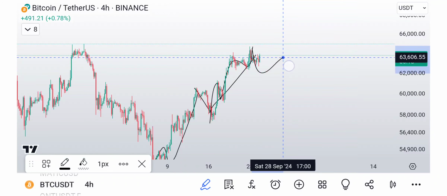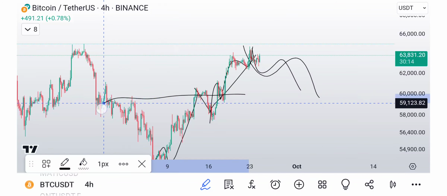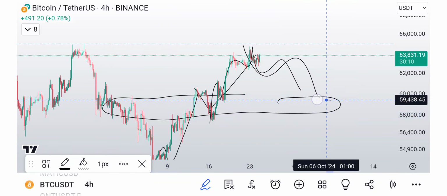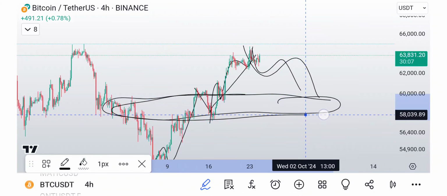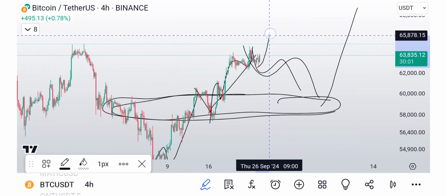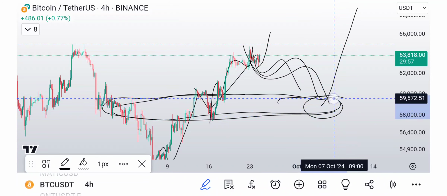And now we should see an ABC pullback back down to like 59, 60K, back in this area. I would say between 58 and 60K, right? And then continue higher. So those are the 2 ideas, right? Either this wave isn't finished and we need to come up and hit the high, or we're going to come down and tag the low.